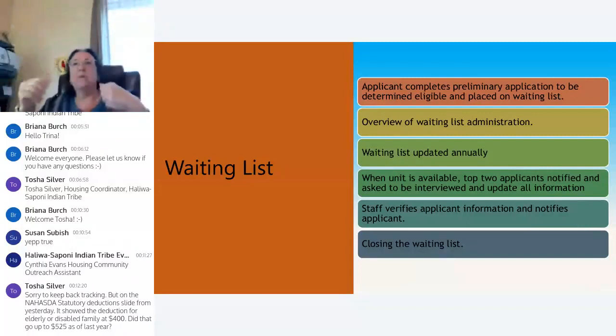Chances are that person is signing and dating that application. If you have anything that goes on like that, you should have a double signature page created for your applications. This is the day that it was received up front and by whom. This is the day that this was deemed a complete application. That's when they go on the actual waiting list.